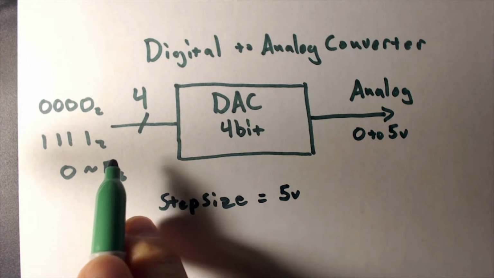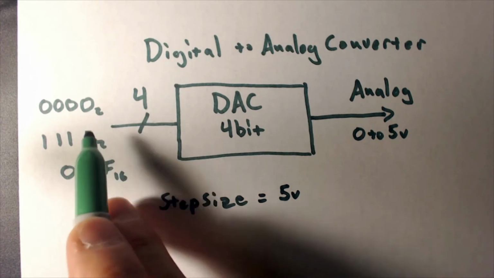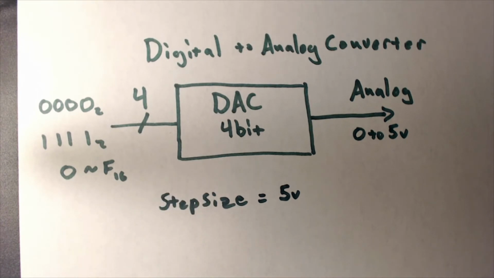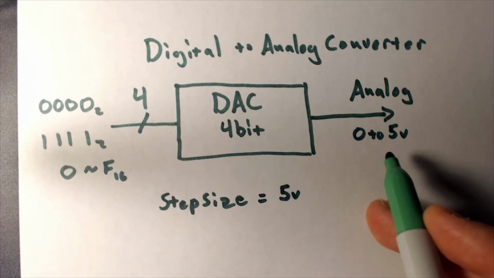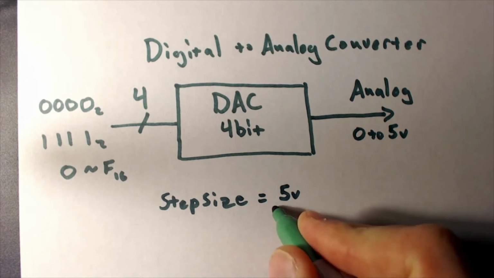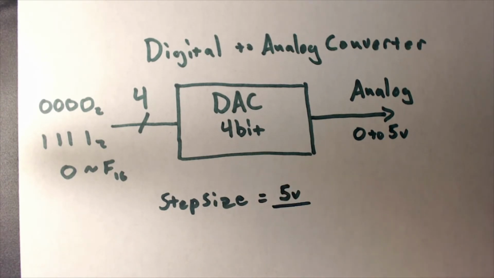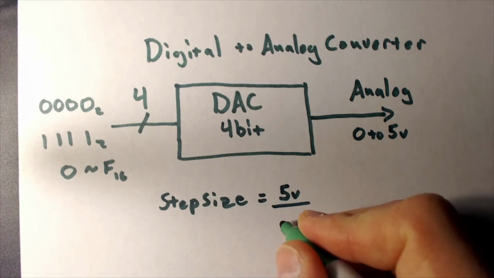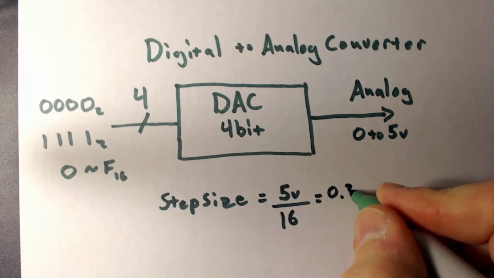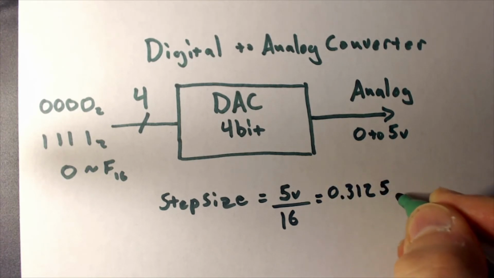And we are converting a digital value of 0 to F, or a grand total of 16 possible values, into a voltage between 0 to 5 volts. So we take the range and divide it by 2 raised to the power of how many bits of resolution we have, so 2 to the 4, or 16. And what that gives us is 0.3125 volts.